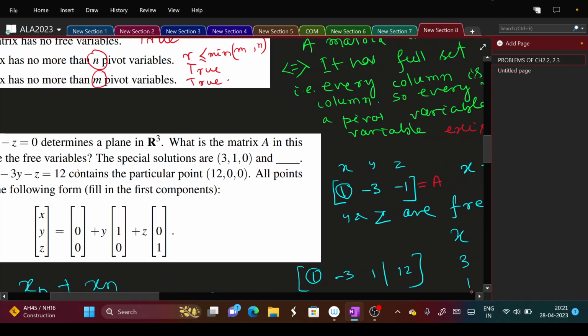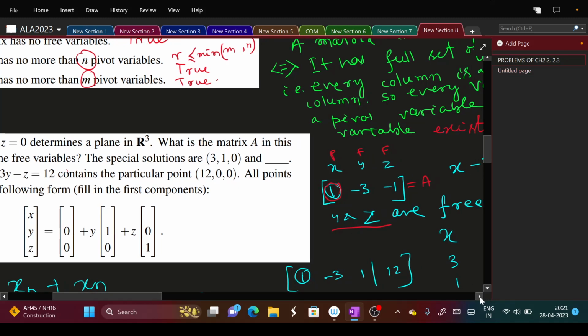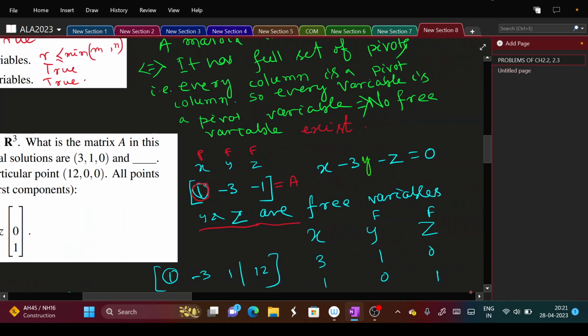So here first, this is my pivot, so it is my pivot variable, this is a free variable, this is a free variable. That means y and z are the free variables. Second part of the question is over.